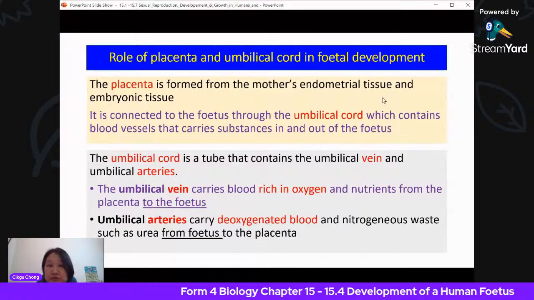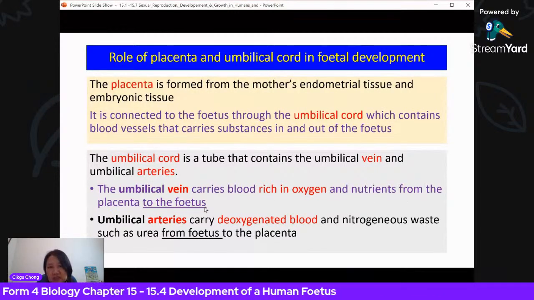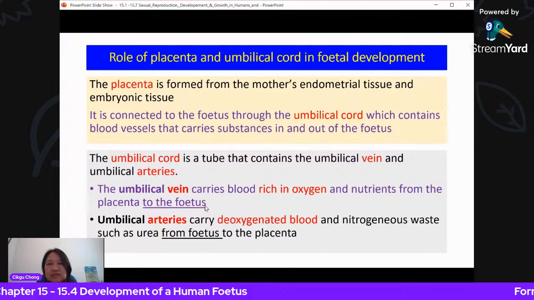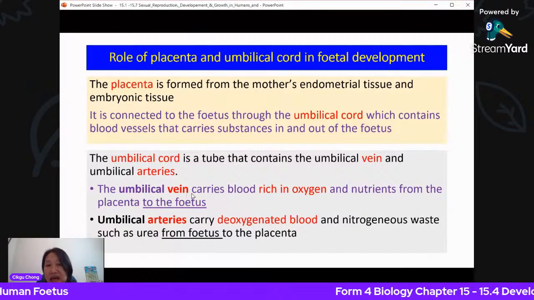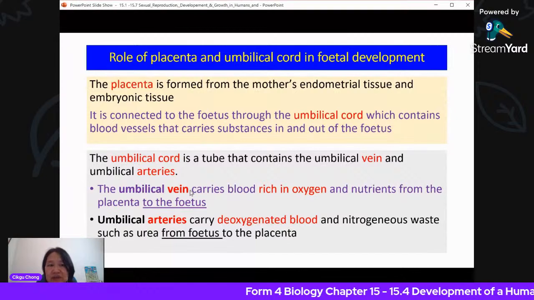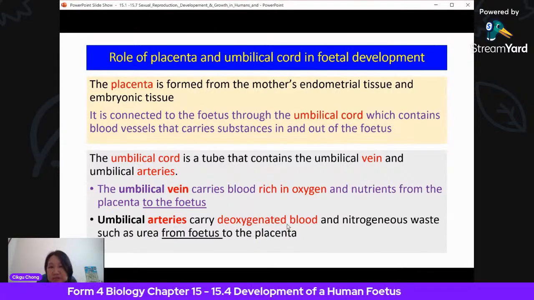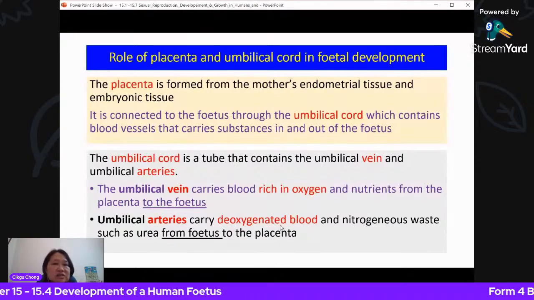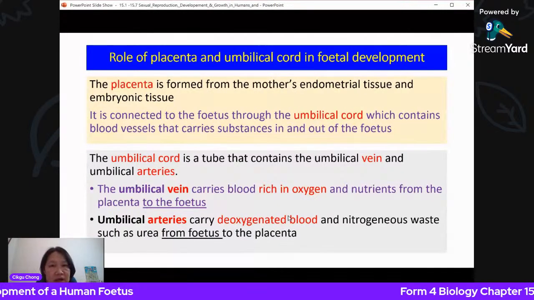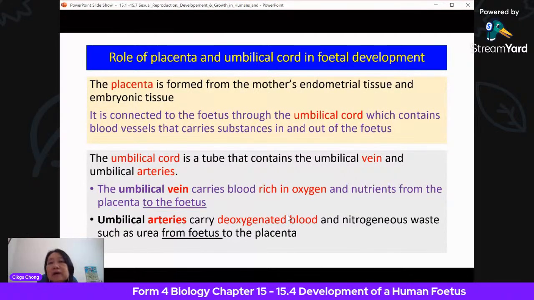And it also carries nutrients coming from the placenta to the fetus. You see, I underline the words to the fetus. That means it's bringing it to the heart of the fetus. Now for umbilical arteries, it carries deoxygenated blood. It's something you need to remember. It doesn't mean arteries always carry oxygenated blood, because we're not talking about the mother now. We're talking about the arteries and the vein in relation to the fetus.